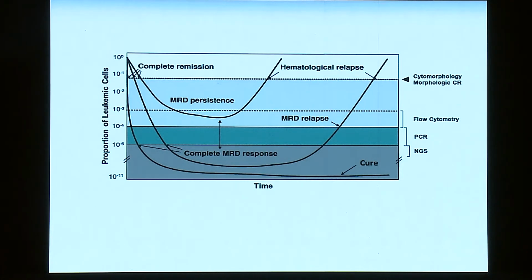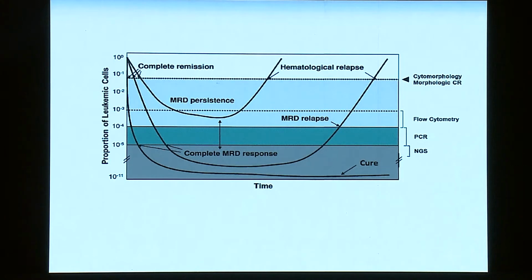The first patient will develop really deep complete remission, and he will continue to have it, and this patient will be cured. On the other extreme, the patient who just achieved morphological remission for a short period has persistent measurable residual disease, and those patients will relapse.